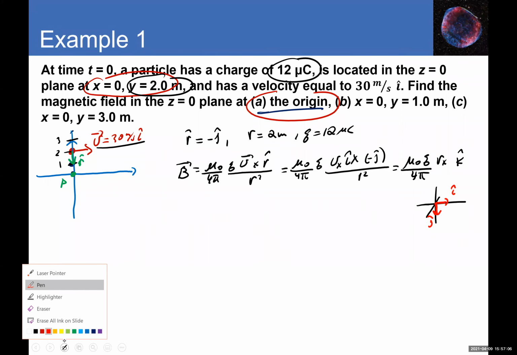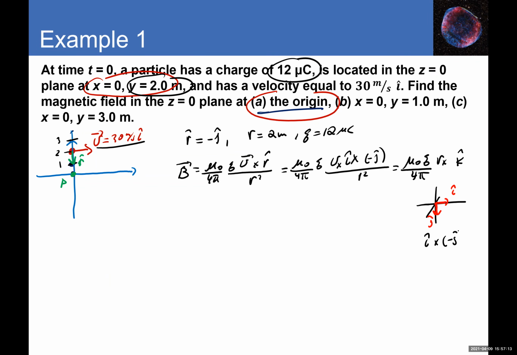All right, so if I'm using my right hand, I can use my right hand rule to figure out what is I hat cross negative J hat. One thing I can do here is have my fingers in the direction of I hat, but then I need to curl my fingers in the direction of negative J hat.